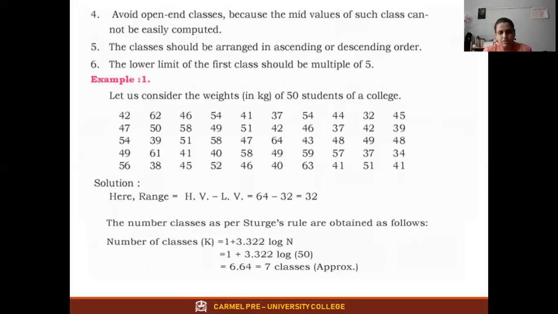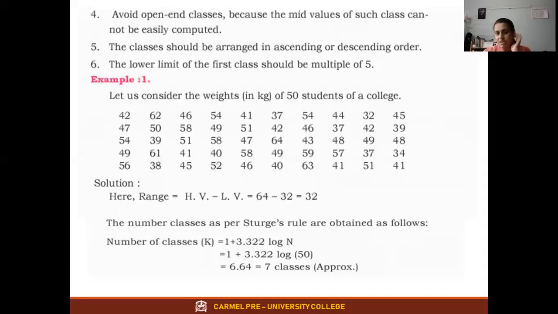In the textbook, log 50 is on page number 396, for those who have the textbook. 50 has 2 digits, so the characteristic is 1.